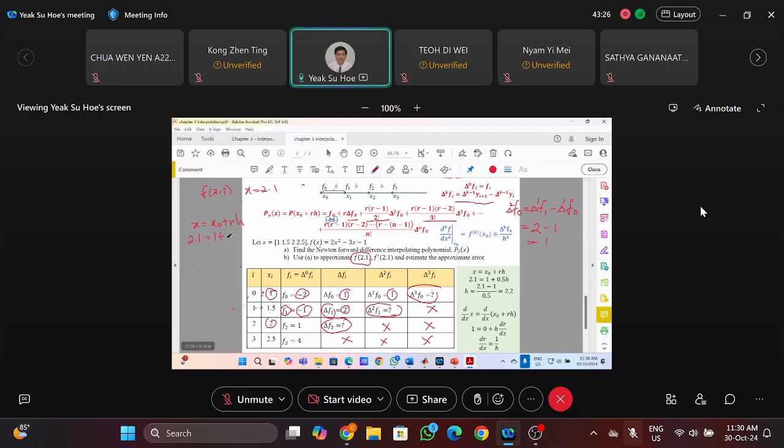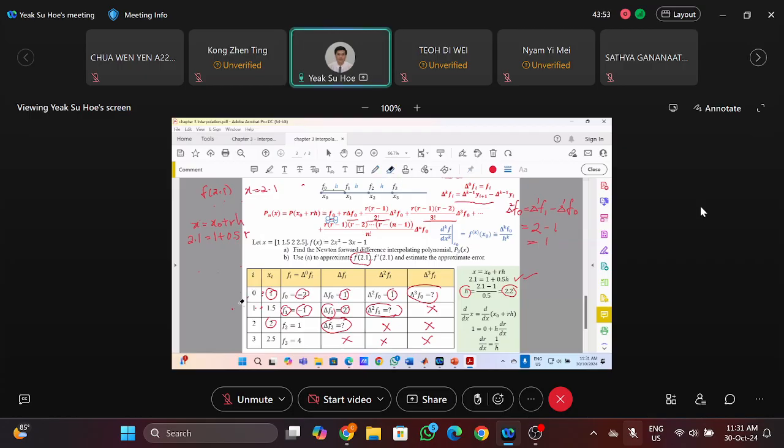H is the increment, 0.5. So we get 2.1 equal to 1 plus 0.5 R. Then R is 2.1 minus 1 divided by 0.5. So you get 2.2.